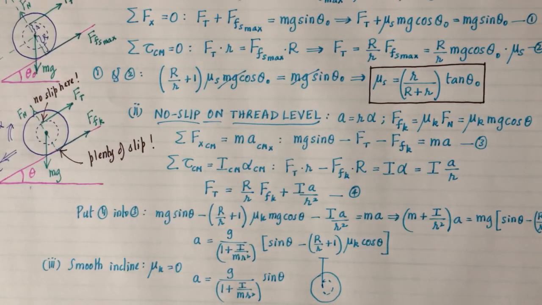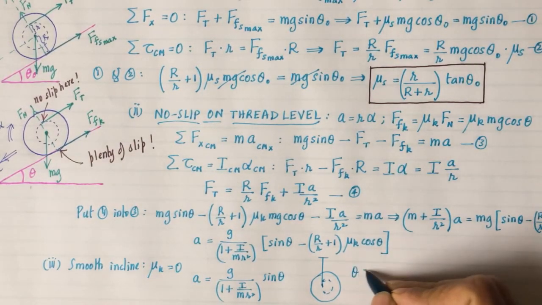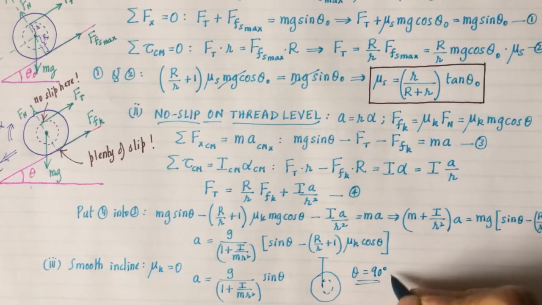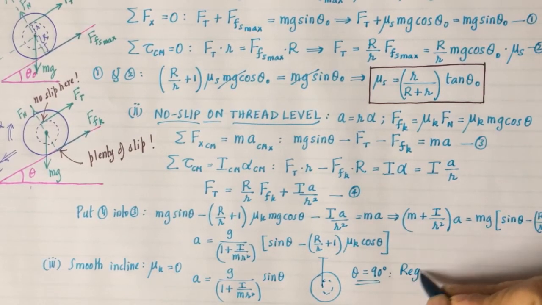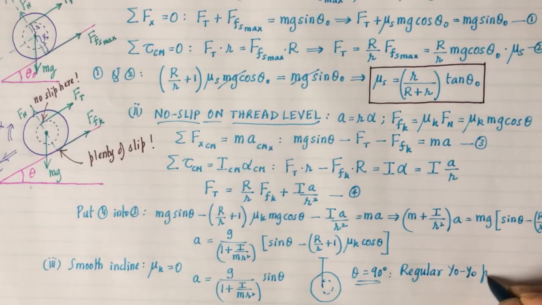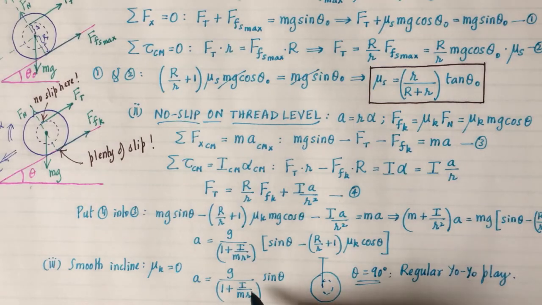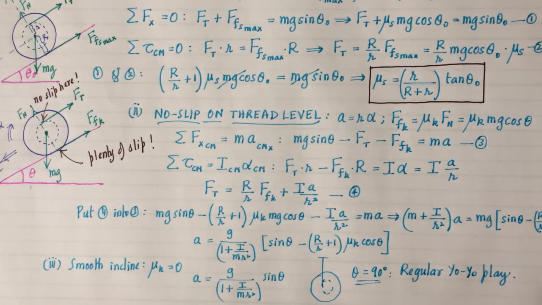Theta equals 90 degrees. In a previous video, I analyzed that, and you should check that the expression I got is the same. So for regular yo-yo play, the acceleration is just g over 1 plus I upon mr squared. So that's the limit.